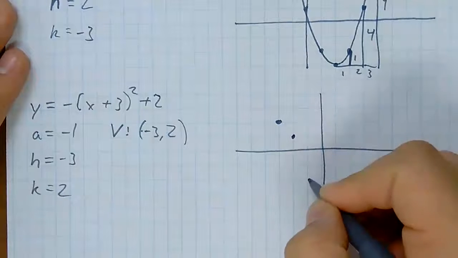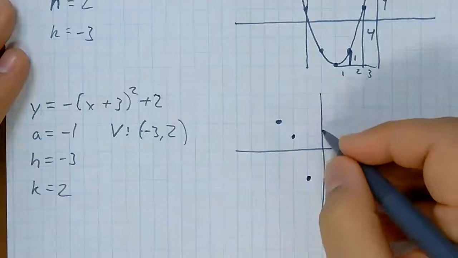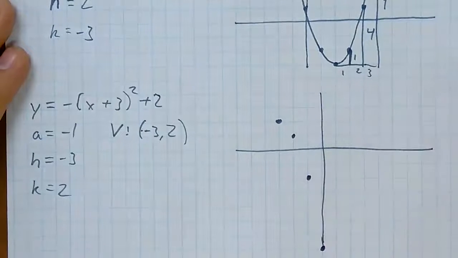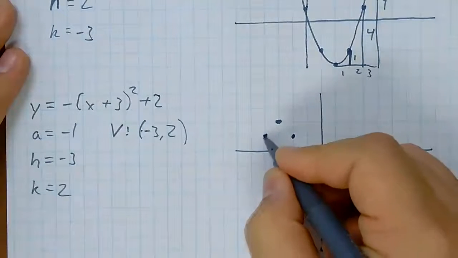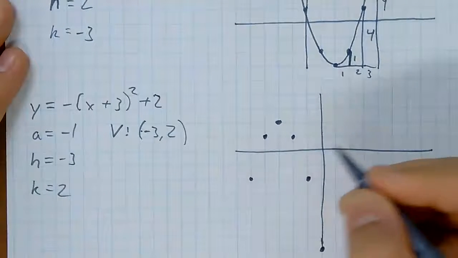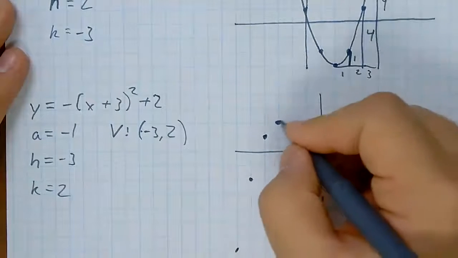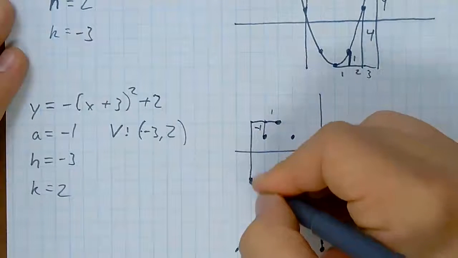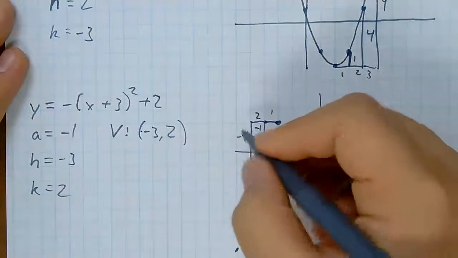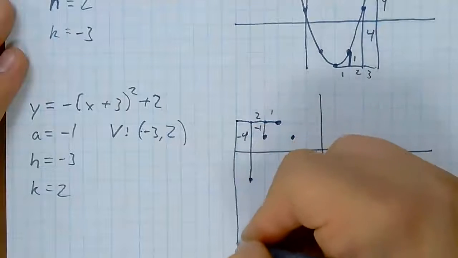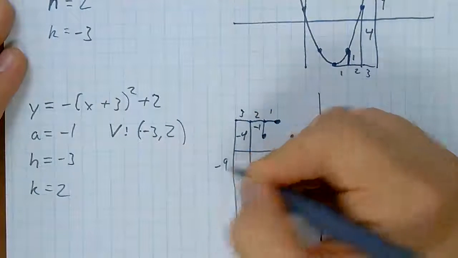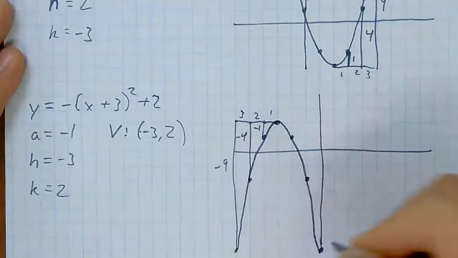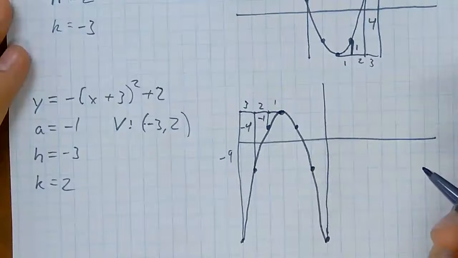As we're 2 away, we're 4 below the vertex. As we get 3 away, we're 9 below the vertex. Now I'm going to use line symmetry to pick out the other side. As we're 1 away, we're 1 below the vertex. As we're 2 away, we're 4 below the vertex. As we're 3 away, we're 9 below the vertex.